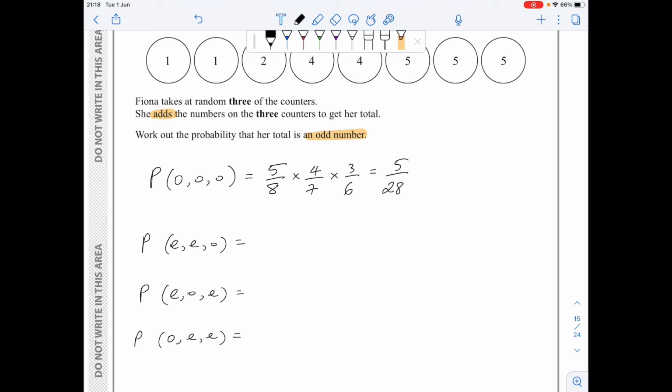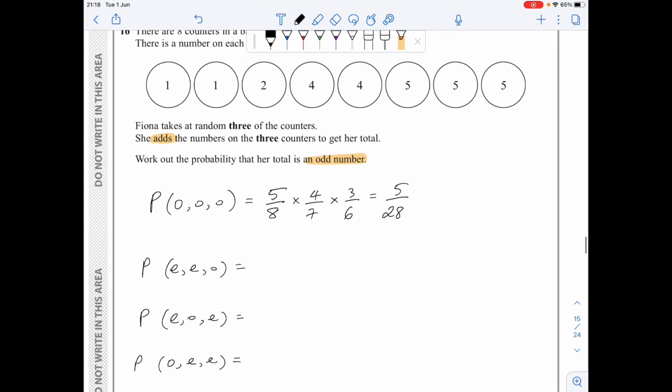Now note, to get even, even, and then an odd number, I've got 3 out of 8 times 2 out of 7 times 5 remaining odd numbers over 6. This will give me 5 over 56.